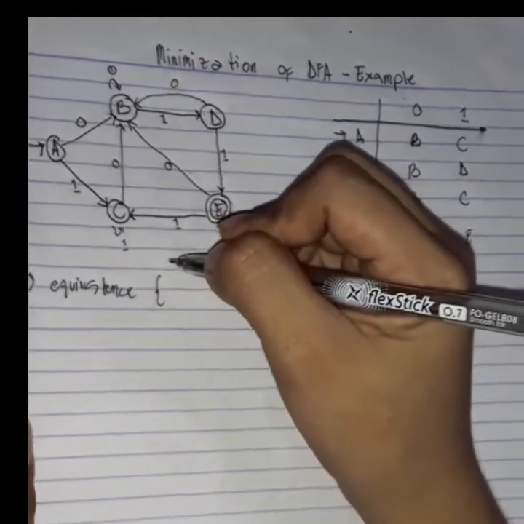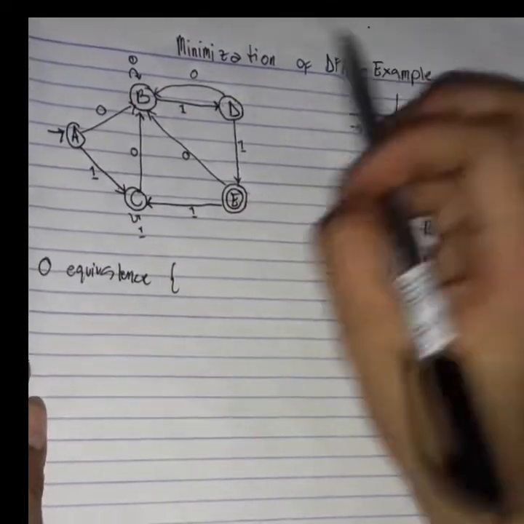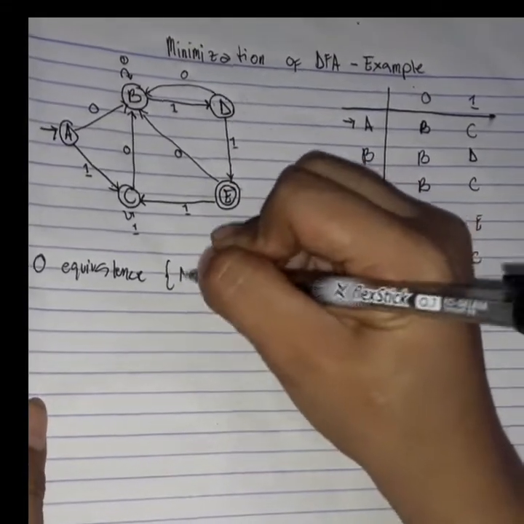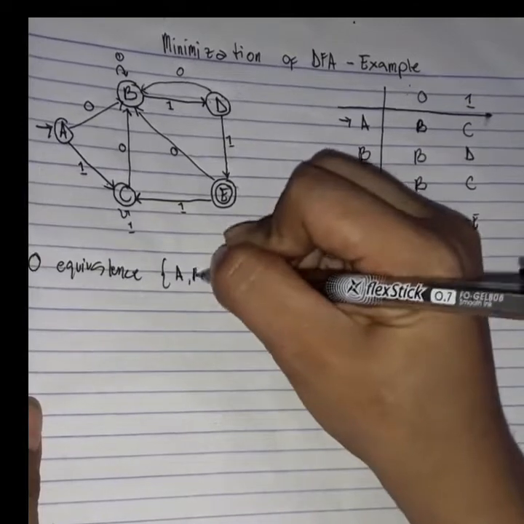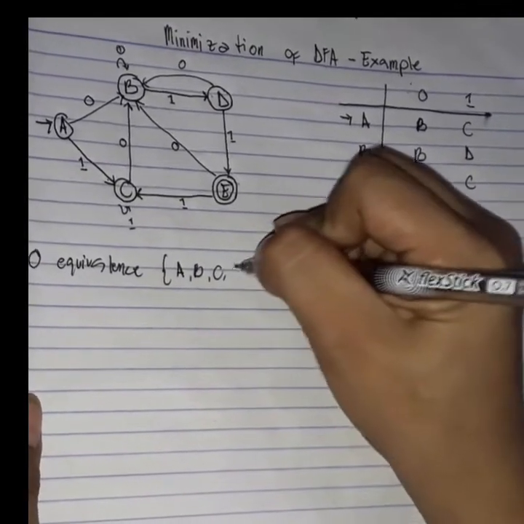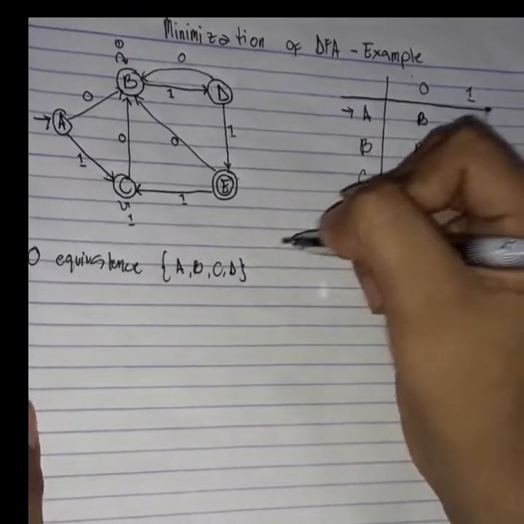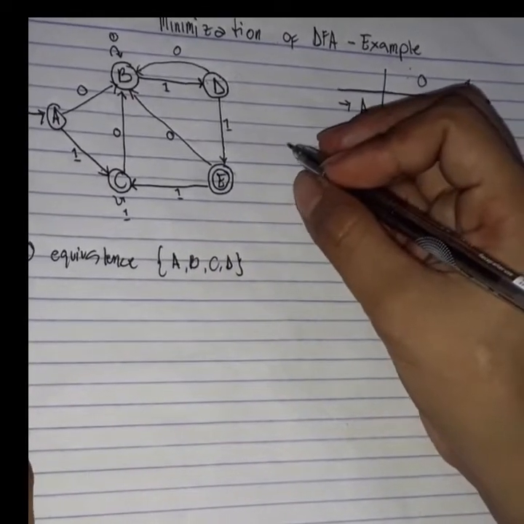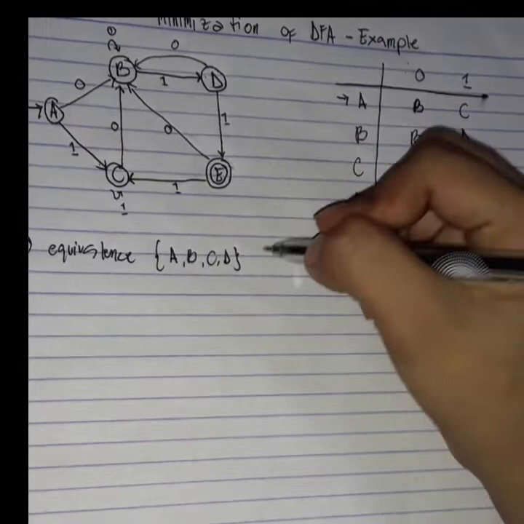So we need to write the non-final states in this DFA: A, B, C, and D. And you also have to write the final state as another set.